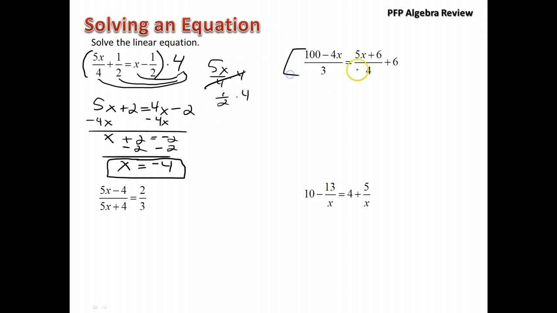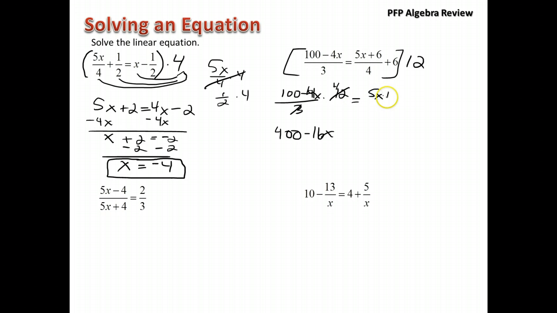Let's do it again here. Between 4 and 3, common denominator is 12. So if we take 100 minus 4x, and that's all over 3, and we multiply that by 12, that's like multiplying it by 4. We get 400 minus 16x.